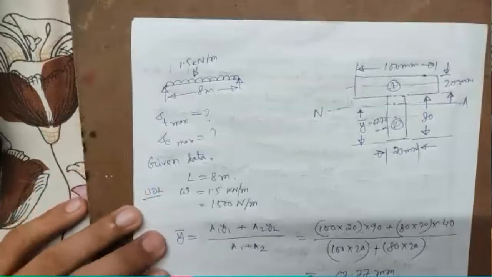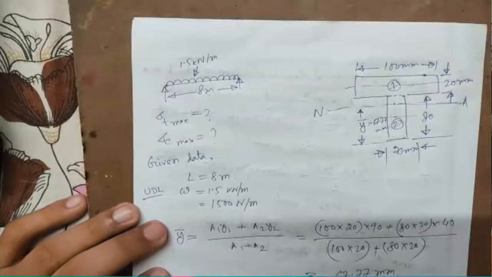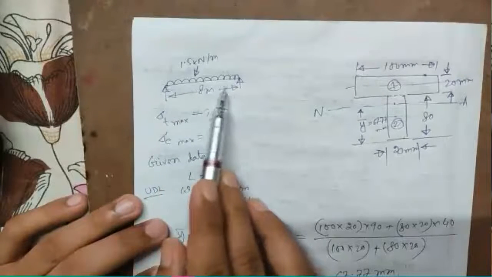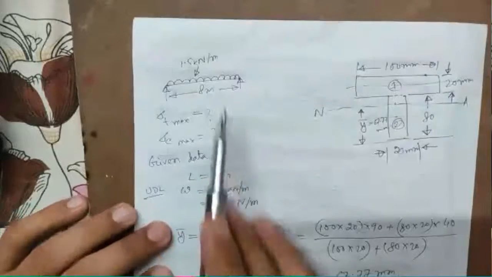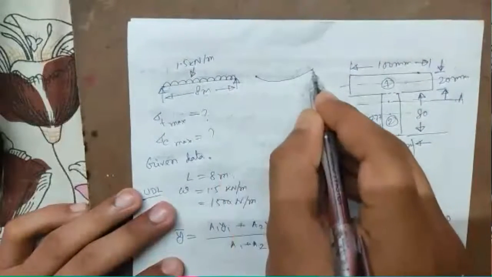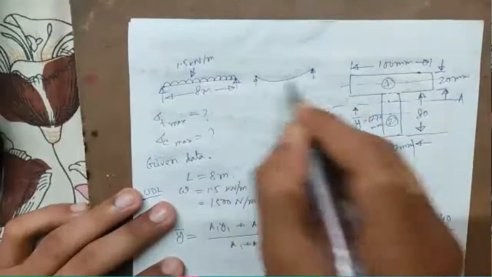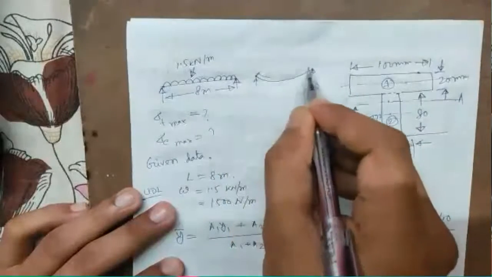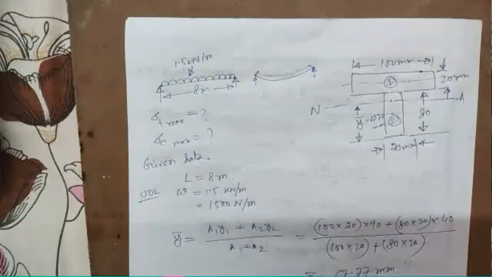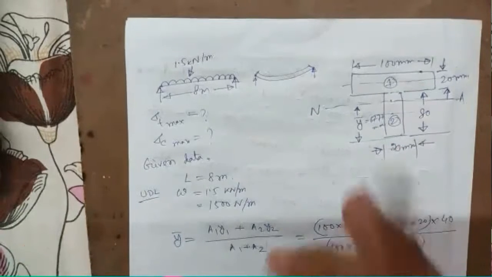Now our task is to find the maximum tensile and maximum compressive stresses. For this type of loading, we can easily understand that the beam will bend like this. I'm drawing this figure just for making you understand. This is not very good quality, just understand, that will be okay.